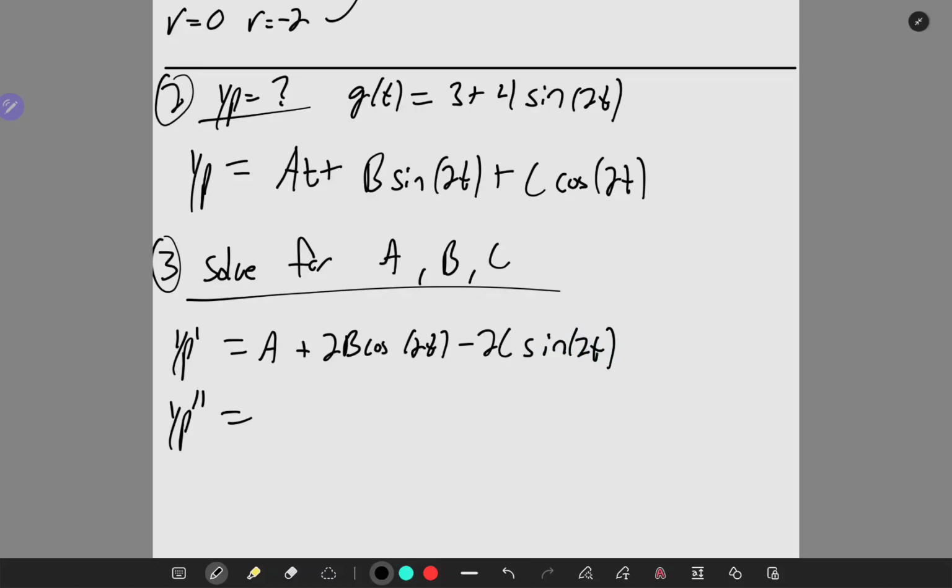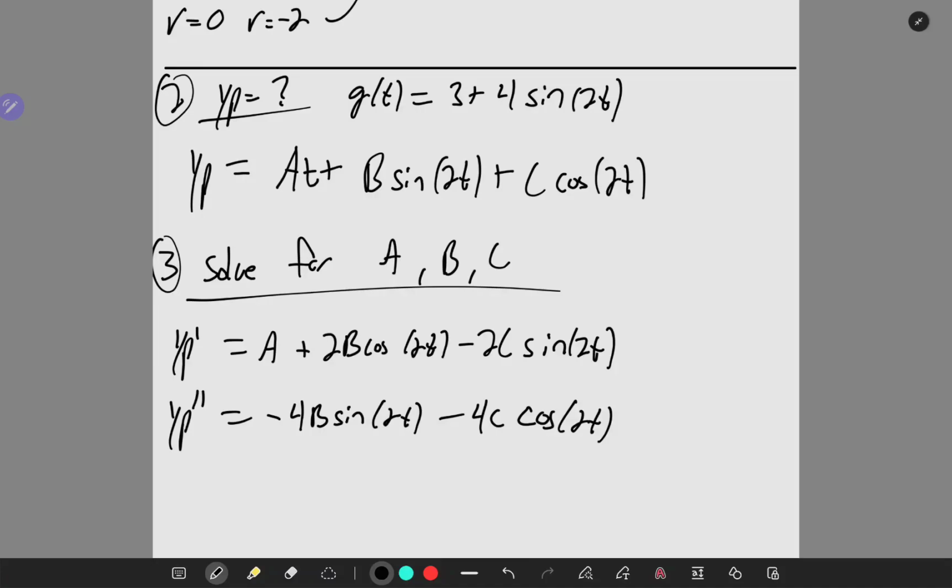Take the derivative again, the a is going to disappear now. Now we just have minus 4b sine of 2t minus 4c cosine of 2t.